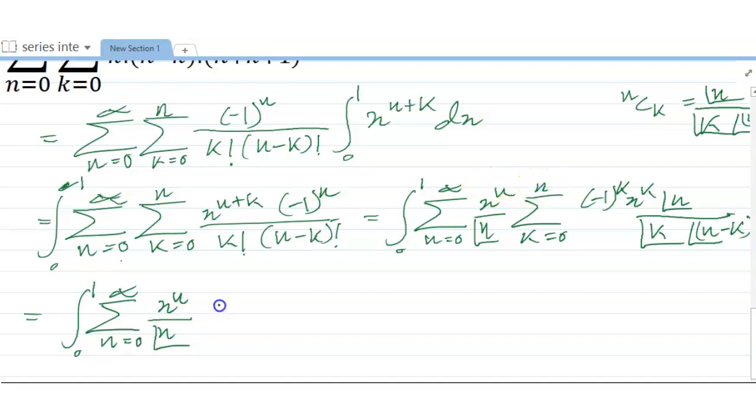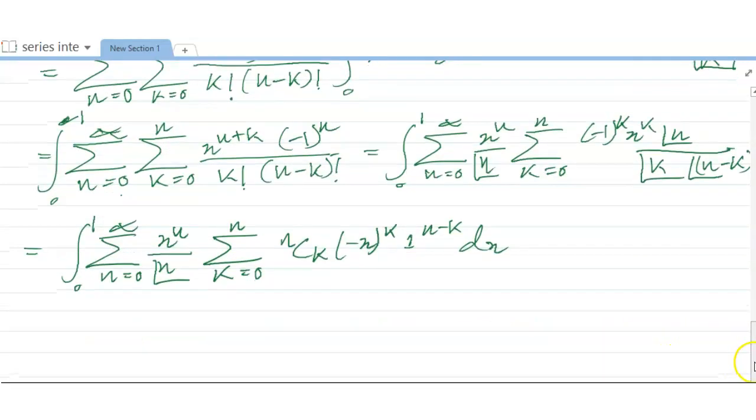So it can be written this way: summation k equals 0 to n, n factorial nCk, minus x to the power k into 1 to the power n minus k dx. So friends, this formula we can use here.